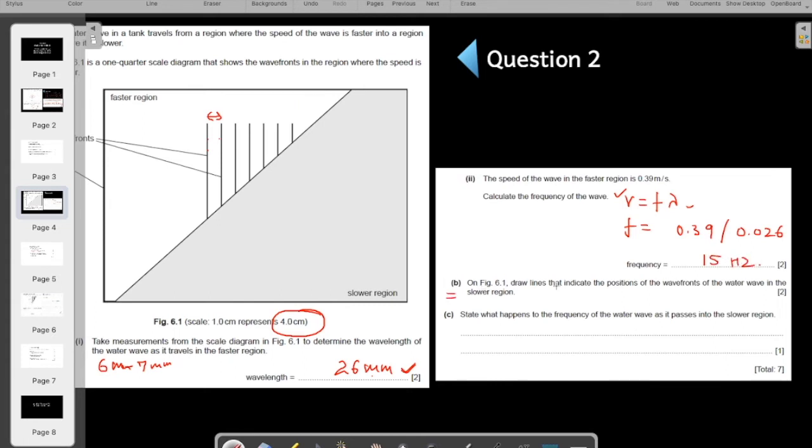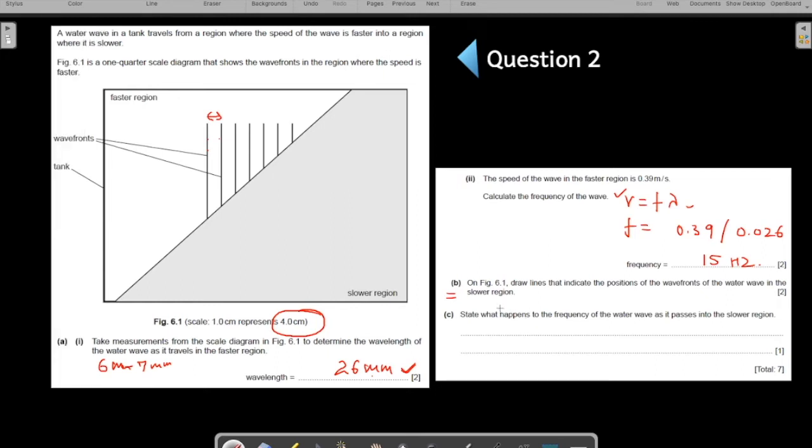Now B part. Draw lines that indicate the position of the wave fronts of the water wave in the slower region. Now this thing is done in the refraction and the reflection of the wave fronts. Please check out my video on the theory of this, and this is very clearly done. You should be able to understand it when you go through the video.